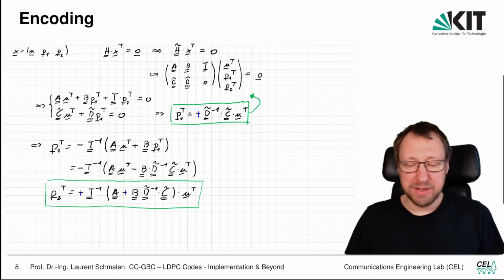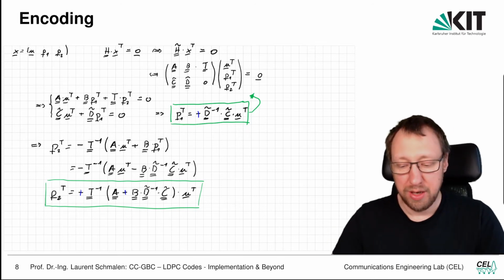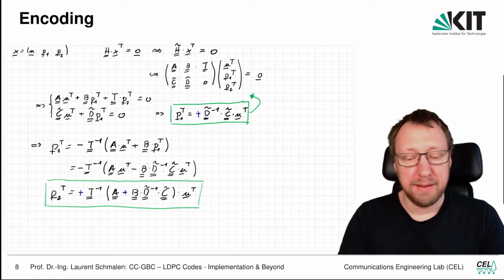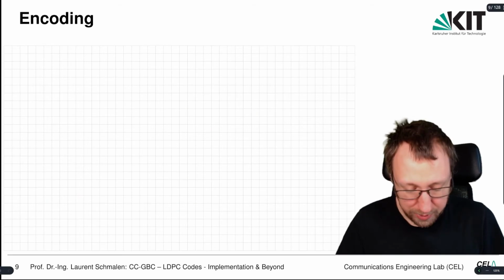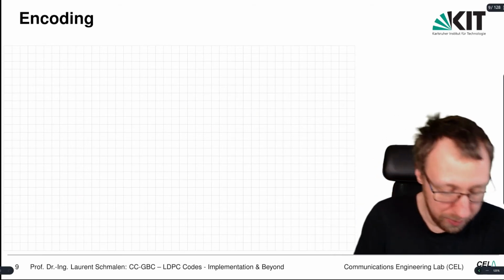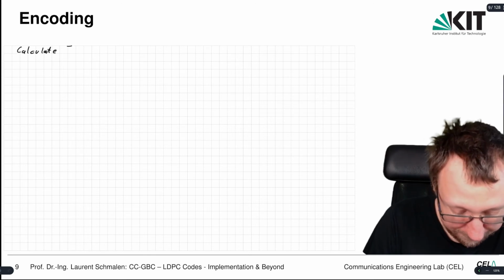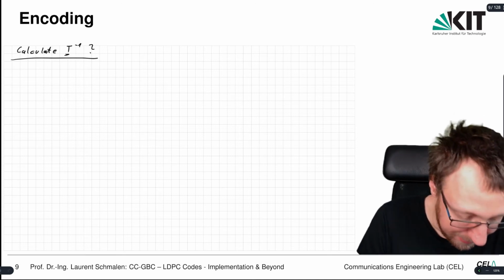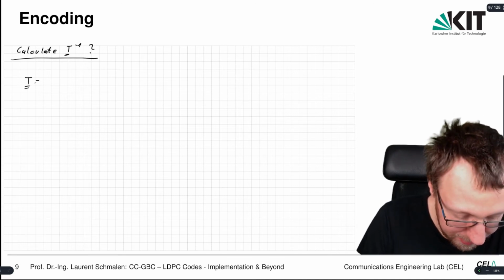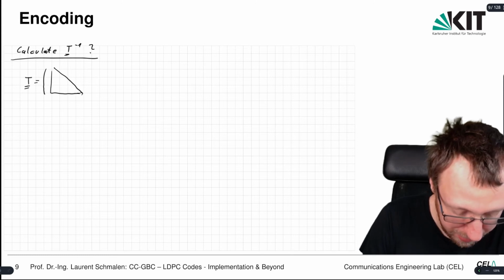You may ask yourself, what about T? We need to invert T. T is potentially a big matrix, but T has a special form. Let's take a look at how we can calculate T inverse. If we look at T, it has this special form of being a lower triangular matrix.